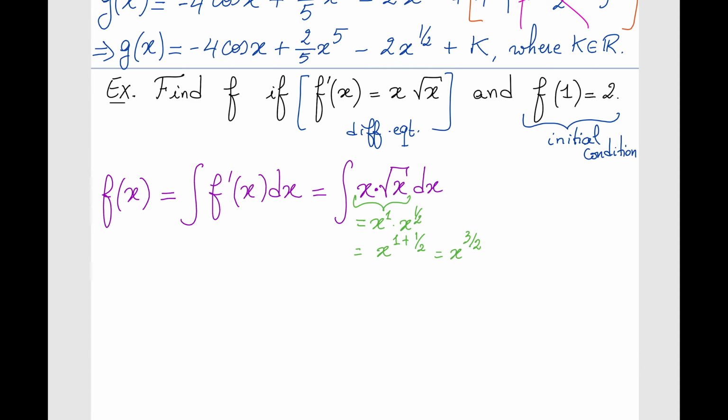All right, so what do we get then? The integrand now doesn't look like a product. I know what this means. This is x to power 3 halves dx. Correct?